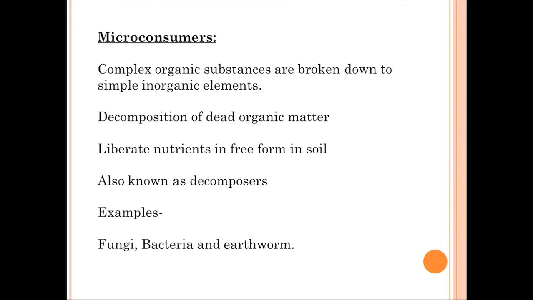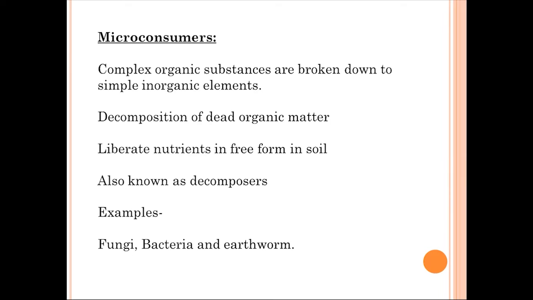Micro consumers are responsible for breaking down the complex organic substances into simple inorganic elements. Complex organic substances will be present in the bodies of the dead animals. Complex organic substances will be carbohydrates, proteins, and fats.